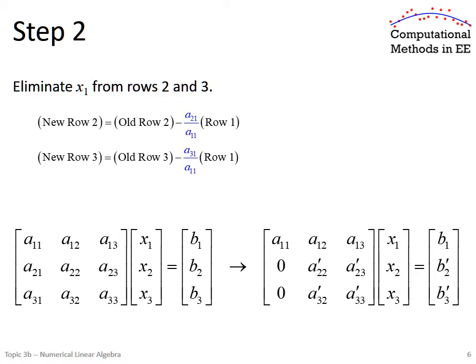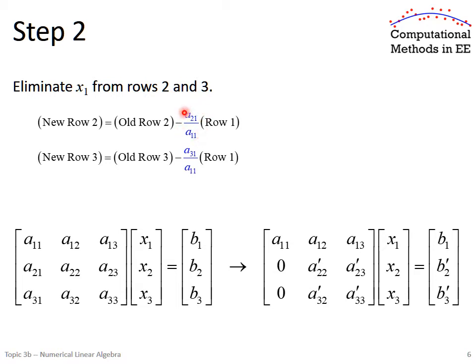However, we have to scale it in a way that will give us a 0 in the positions for A21 and A31. So for row 2, we'll calculate a new row 2, and that will be the old row 2 minus row 1 scaled by A21 divided by A11.